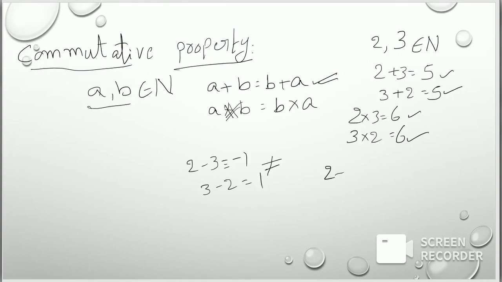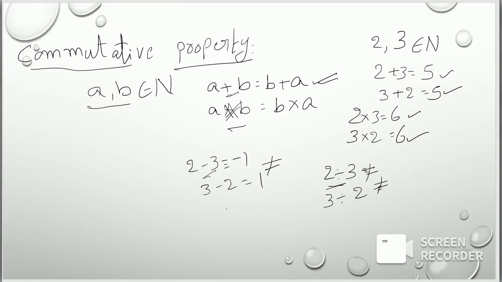In the same way for division, 2 divided by 3 and 3 divided by 2 are not equal to each other. So the commutative property is satisfied only under addition and multiplication, and not under subtraction and division.